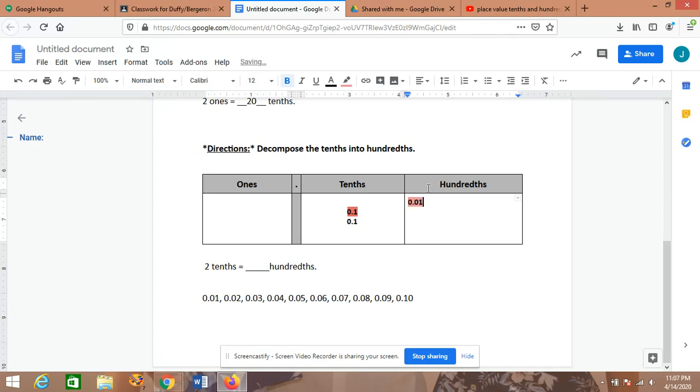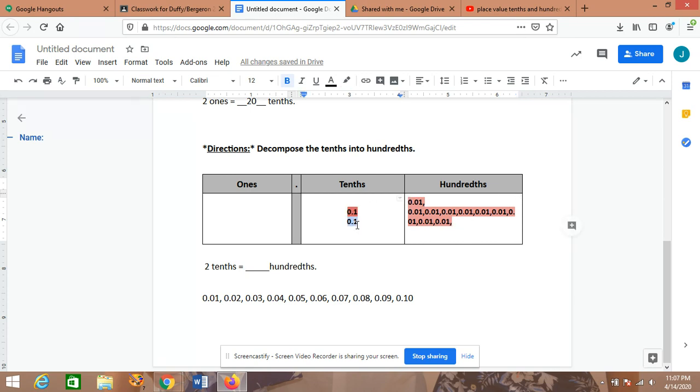So there's our hundredth. We got 1, 2, 3, 4, 5, 6, 7, 8, 9, 10. That is 10, right? Yep. So we decomposed that tenth, and it became 10 hundredths.